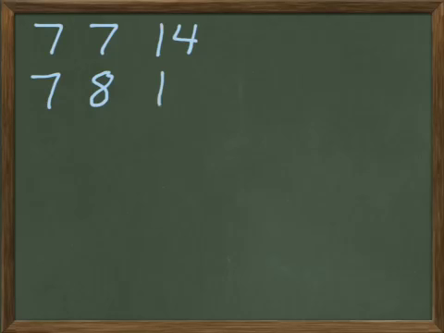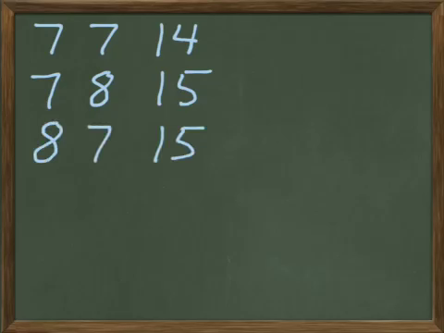All right, continuing. How about 7 and 7? 7 and 7 make 14. And then 7 and 8. 7 and 8 make 15. How about 8 and 7? How many is that? 8 and 7 also make 15.